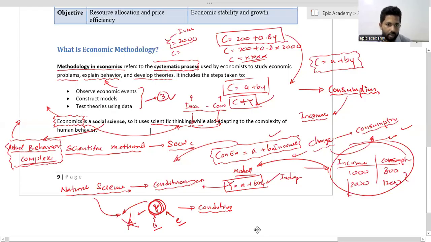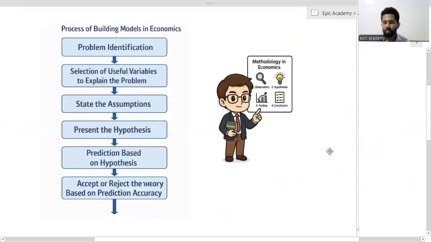So how can we understand the behavior of the people related to economic activities in the subject of economics? What are the events or steps which you can use to understand the economic behavior of people?